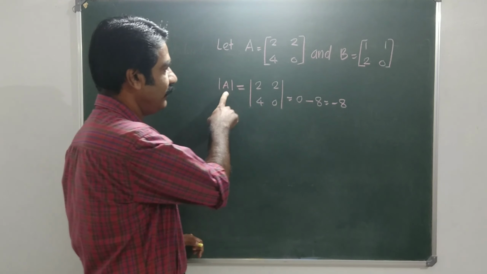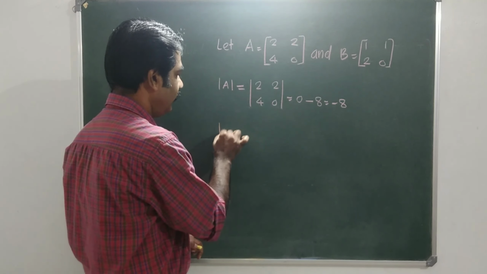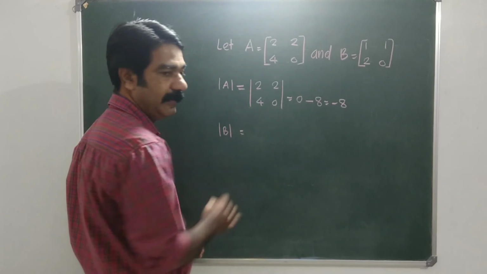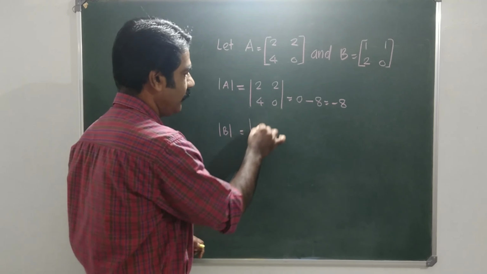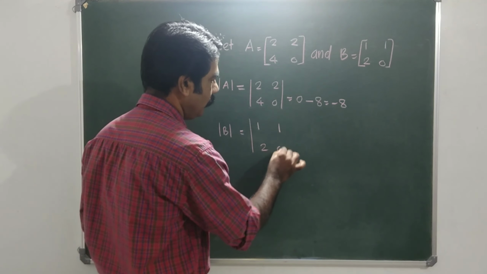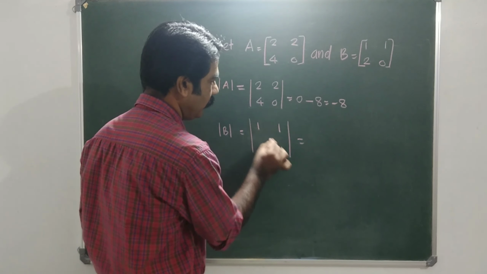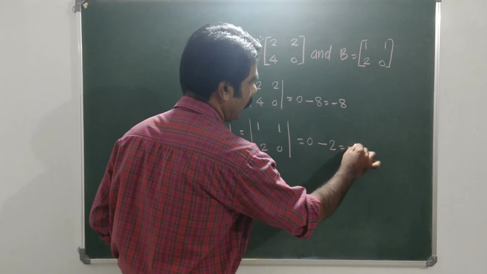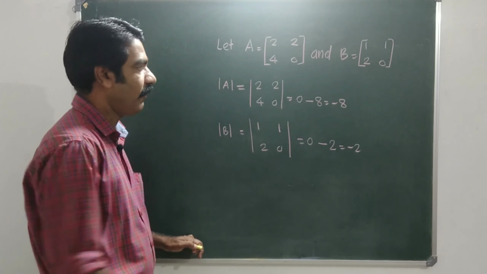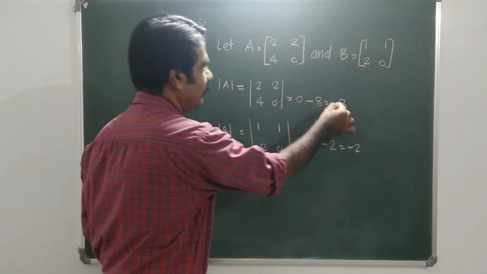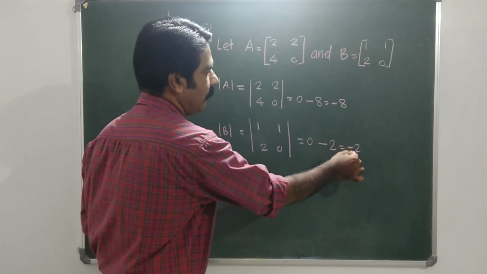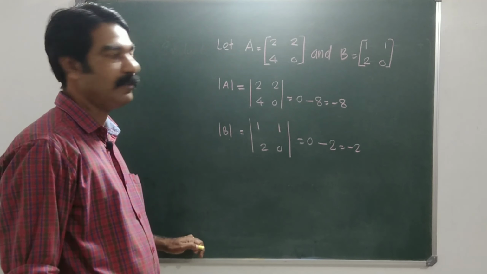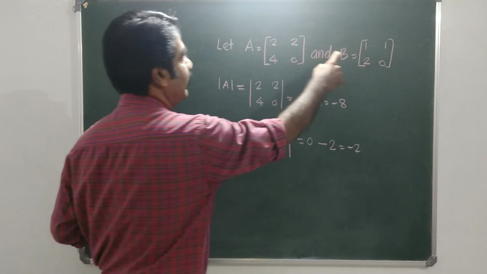Okay. Determinant A is equal to minus 8. Similarly, determinant B is the determinant 1, 1, 2, 0, that is equal to 1 into 0 is 0, minus 2 into 1 is 2, which is equal to minus 2. Okay. So the value of determinant A is minus 8 and the value of determinant B is minus 2.